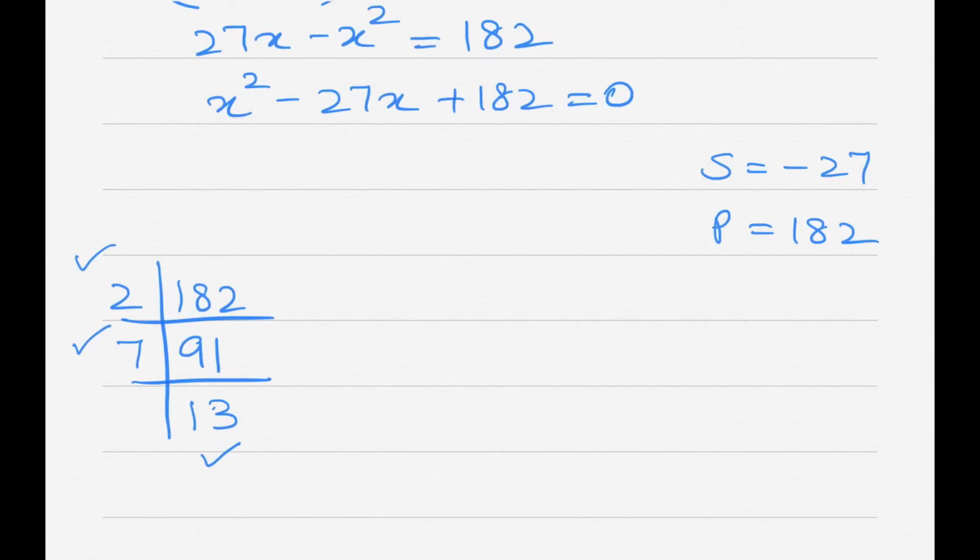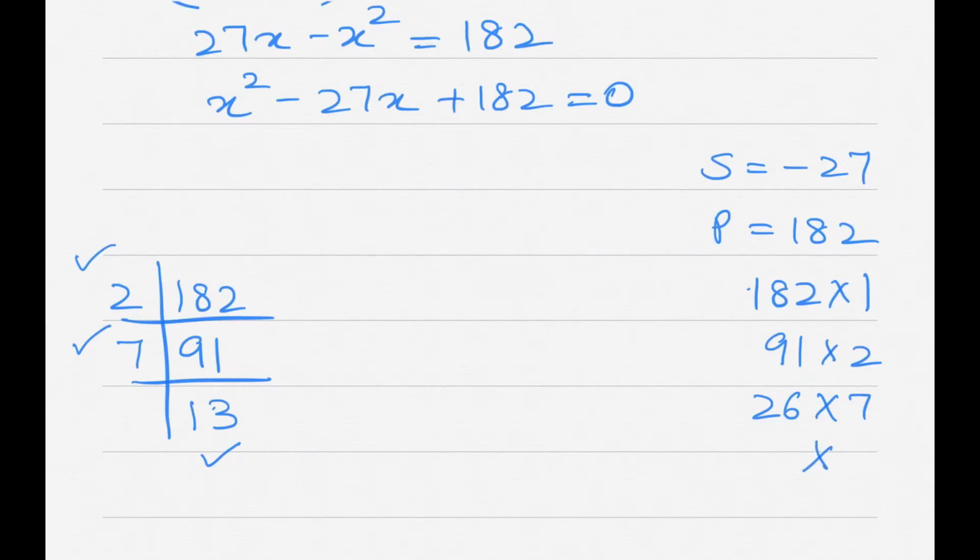Now it becomes easier, because when I try to find 182 as a product, it can go by 2: 91 into 2, but that sum is not 27. Then I'll go with 7. I don't have to think of any other number like 3, 4, 5, 6, so I can directly go to 7. 7 times 26 is 182, and 26 plus 7 is also not 27.